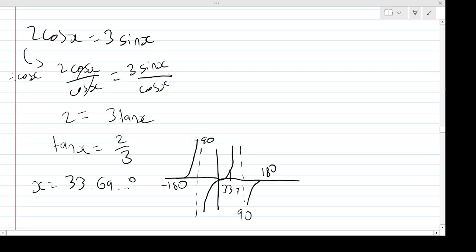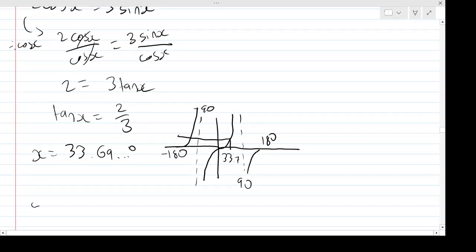If we read off our graph, the other solution would be about there. To get that solution, that's just 180 to the left, so we have to subtract 180 to get to that point.